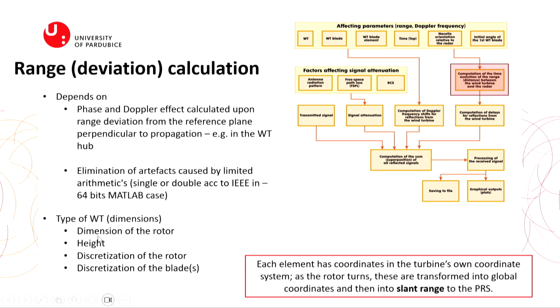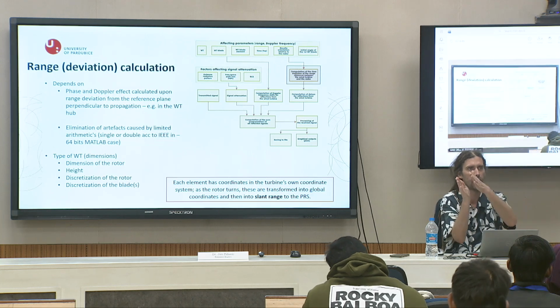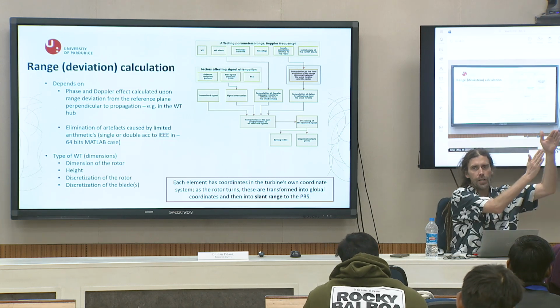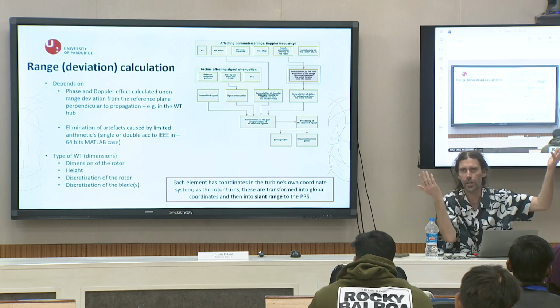Then range deviation calculation depends on the type of wind turbine, dimension of rotor, height, and discretization of rotor blade, of course. Because if I have one blade divided into 10 elements or 100, it will be 100 different ranges or 10 ranges.